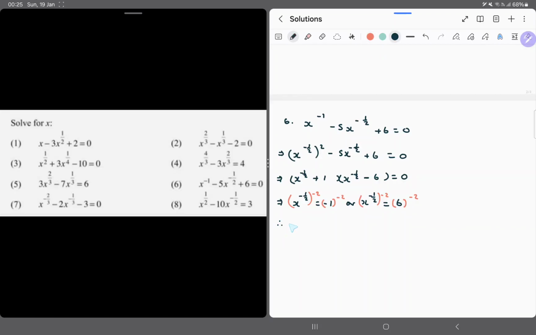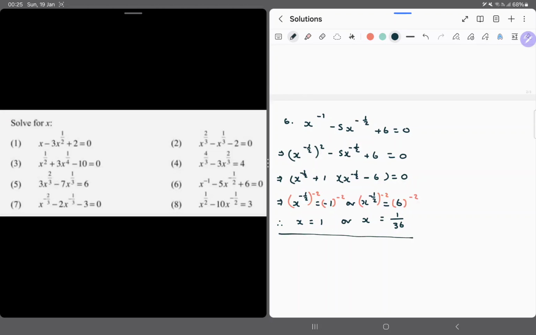Alright, we need to know the gymnastics, guys. X is, let us see, what is that? Minus 1 to the minus 2. It's just 1. Okay. Interesting. So this is 1, or x is 1 over 36. Okay.